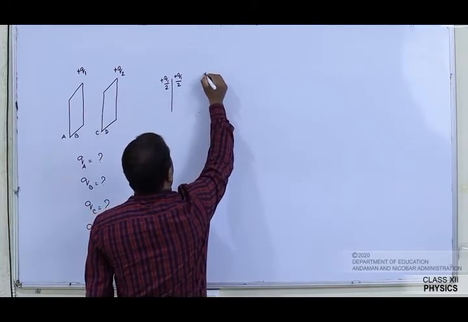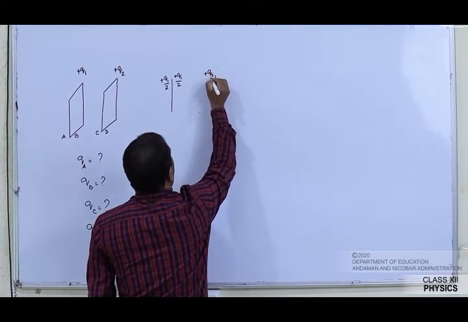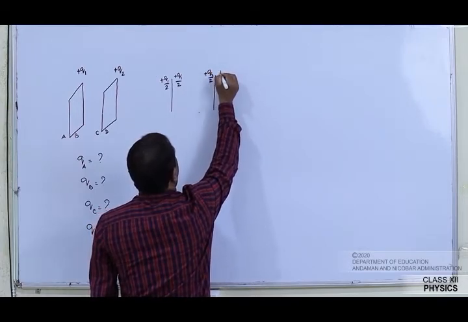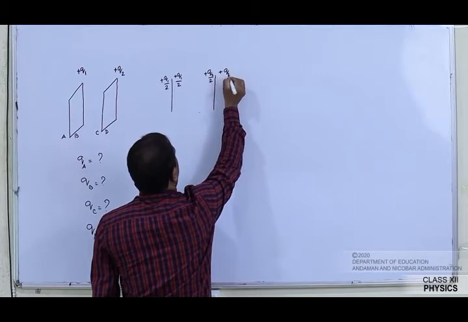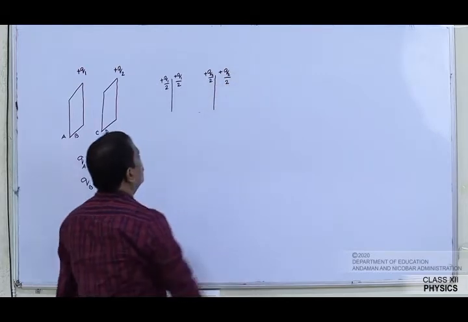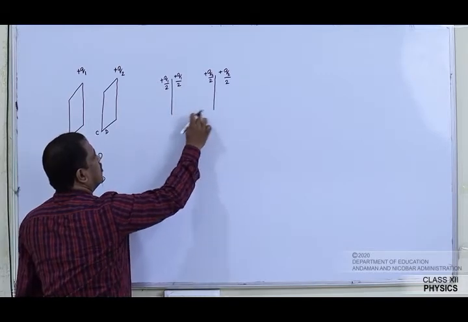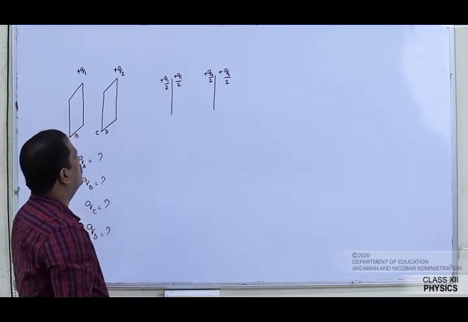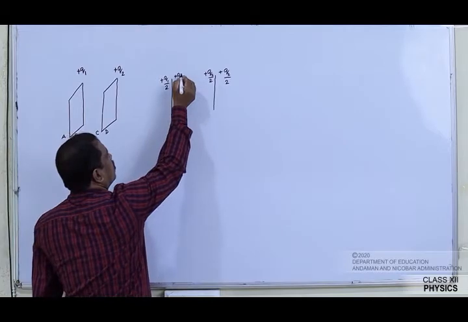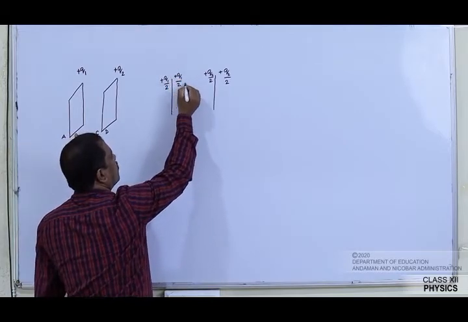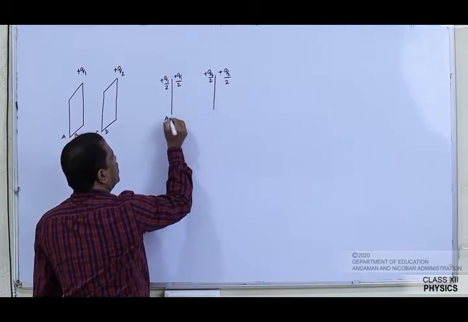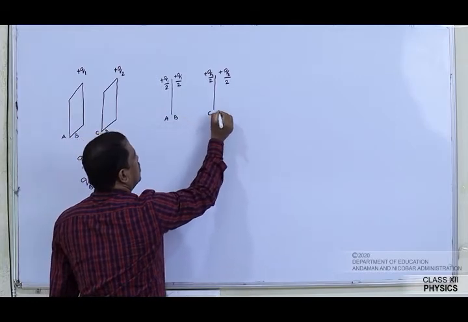So, here it will be plus q2 by 2 and on this side it will be plus q2 by 2. On distribution of these charges, now what happens is, let me say A, B, C and D.